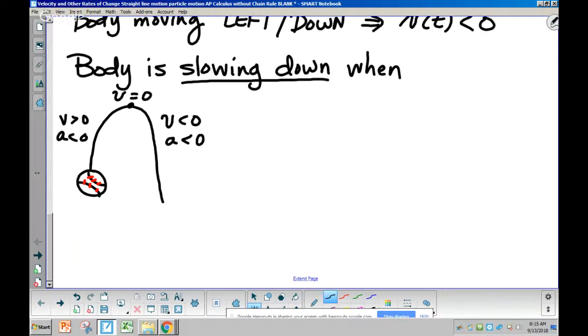Okay, so a body is slowing down when v of t and a of t are not working together, which means they have opposite signs.